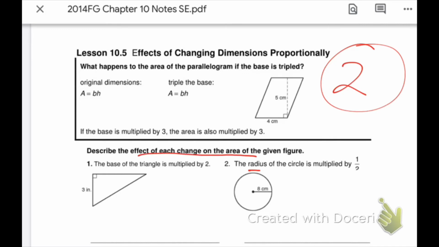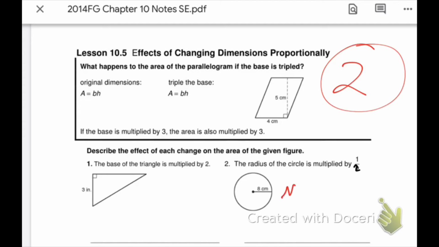If the radius of the circle is multiplied by 1/2, I could do it where I plug everything in, but let's just go ahead and set up my proportion here.